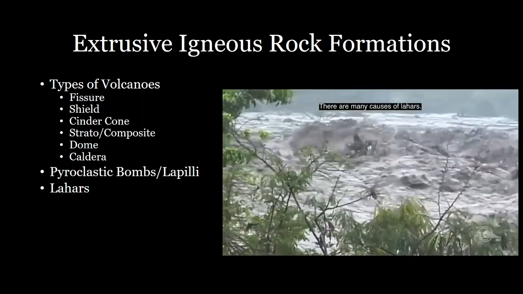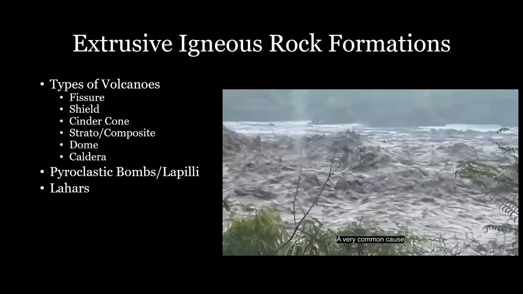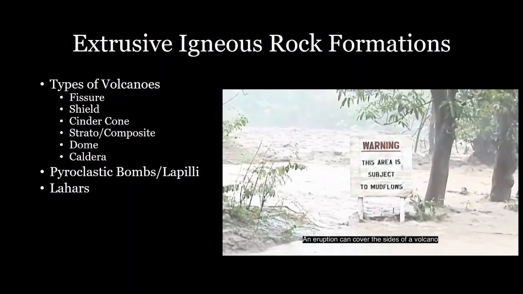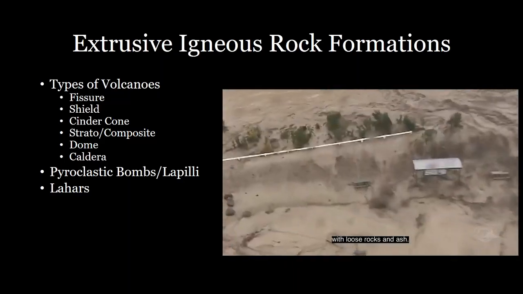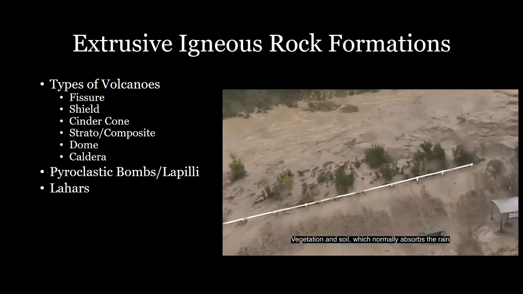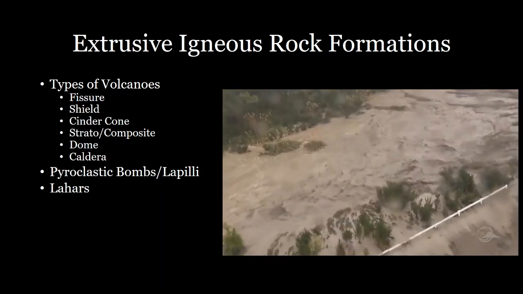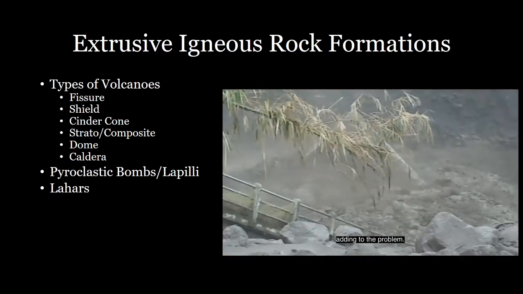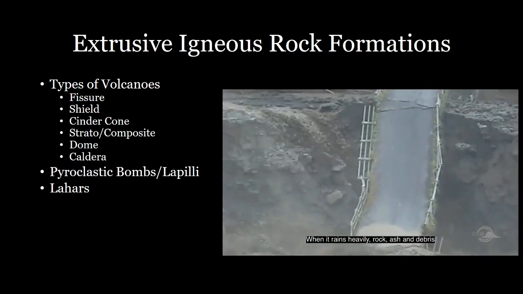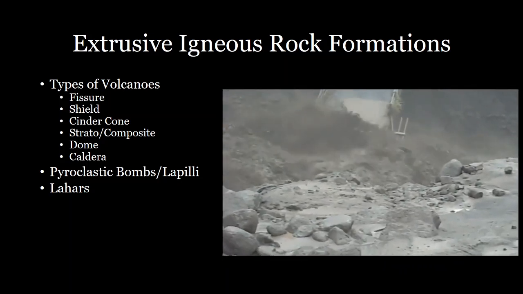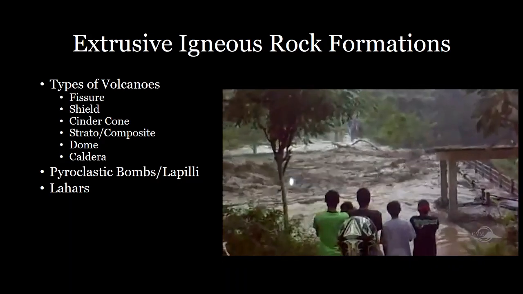There are many causes of lahars. A very common cause is if there is heavy rain. An eruption can cover the sides of a volcano with loose rocks and ash. Vegetation and soil, which normally absorb the rain and prevent floods, can be destroyed by the eruption, adding to the problem. When it rains heavily, rock, ash and debris are easily swept into the water, forming lahars.